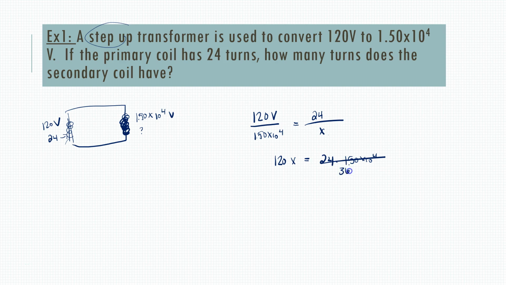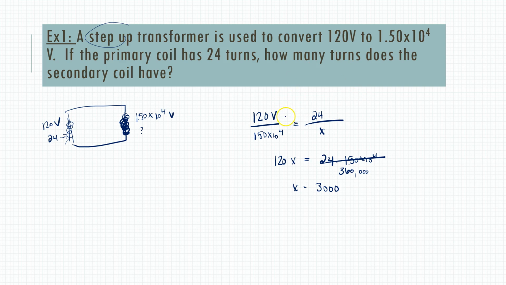So that becomes 360,000. Divide both sides by 120, and we are going to get 3,000. The secondary side will have 3,000 turns of wire in order to get the voltage up that high. And that seems fair. That's a pretty high voltage.